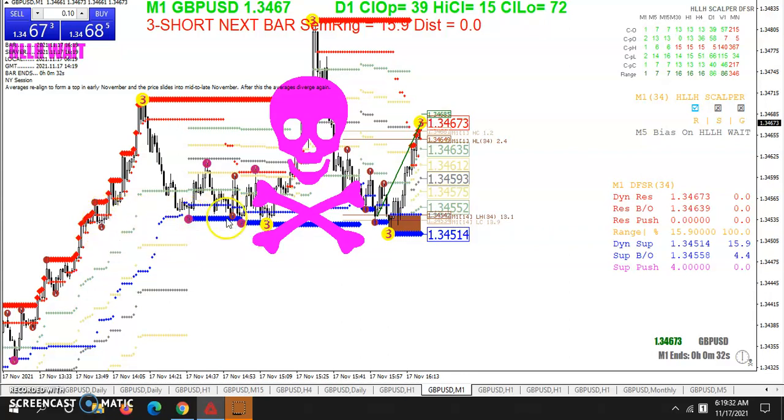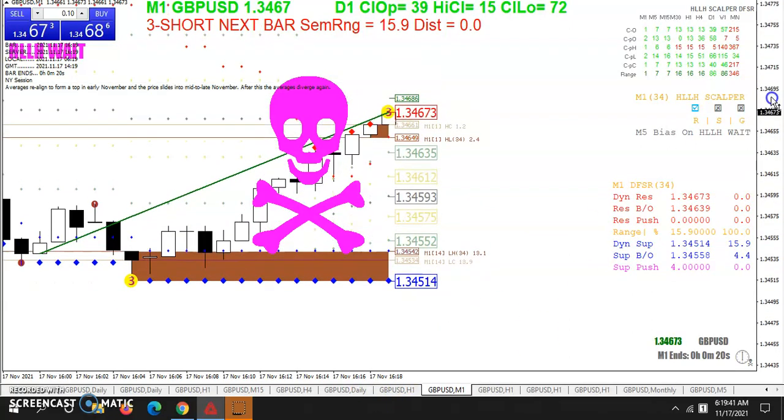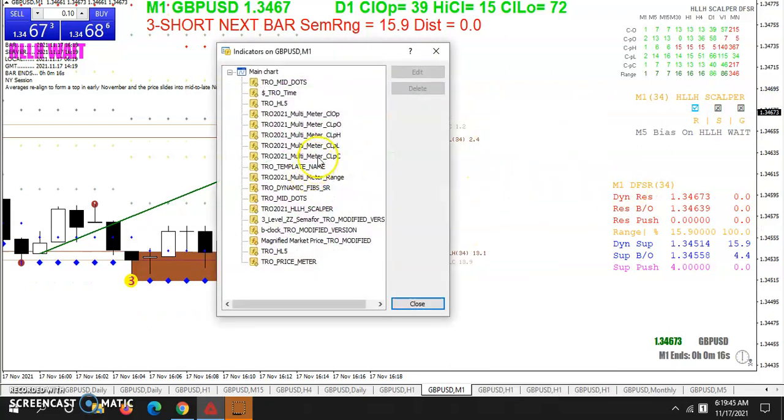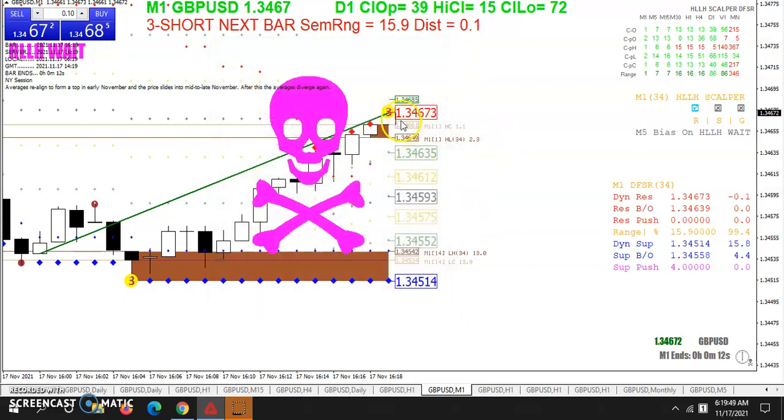And you can see here how this dynamic support has just been putting in and staying in. And if you're wondering what all these other diamonds are, this is from the TRO Dynamic Fibs SR. So I'm looking for fib retraces when I'm scalping, and I know price is going to usually come back to at least a 23 level here.